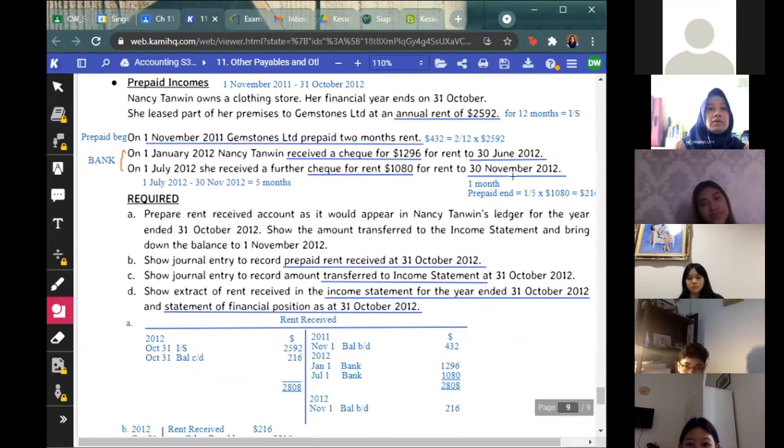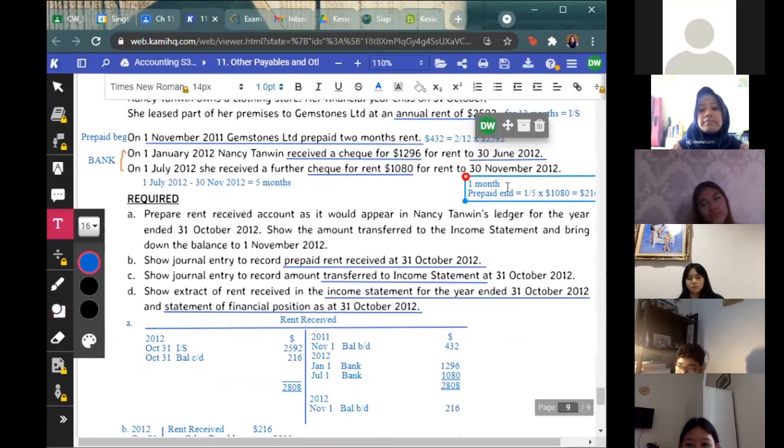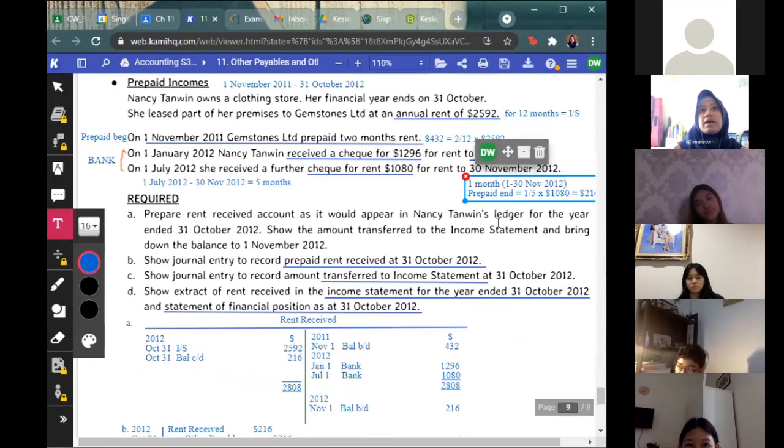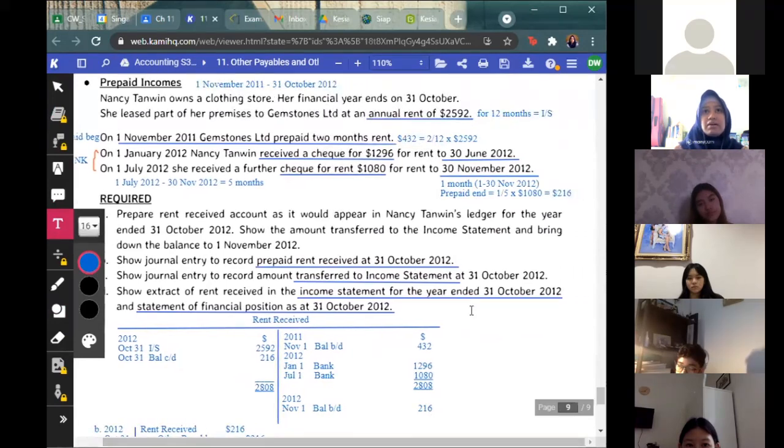So the full month of November, from 1 November to 30 November, only 1 month. How to calculate this? 1 over.